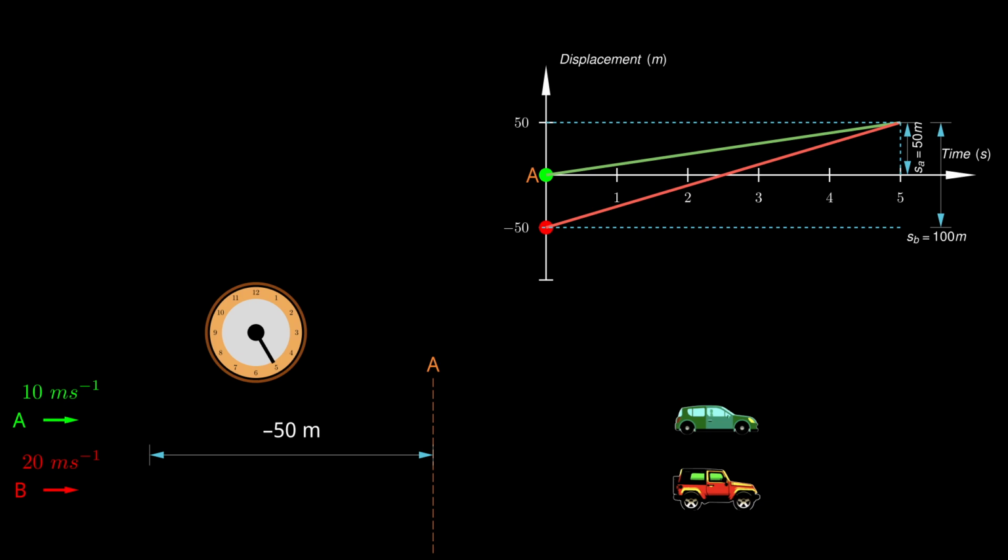In the first scenario, all the values were positive, whereas in the second, Vehicle B's initial displacement was negative. However, both graphs ultimately show the same result. This demonstrates an important concept in physics: displacement and motion are independent of the chosen reference frame. What changes is only the perspective from which we measure, not the actual physical quantities involved.